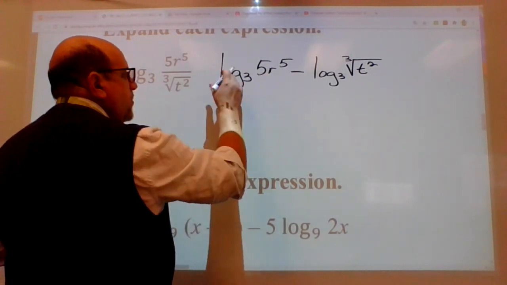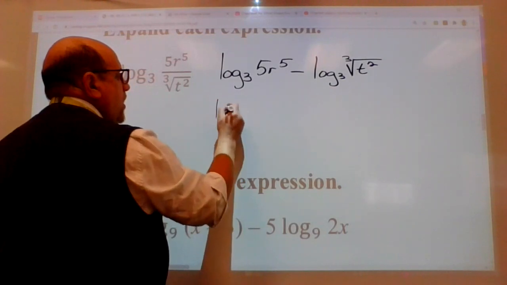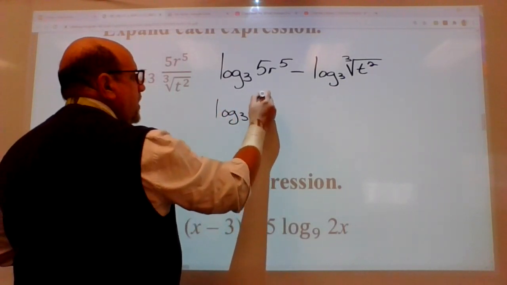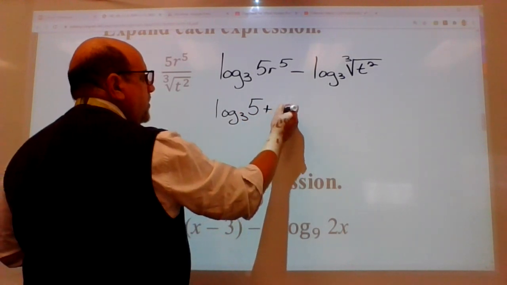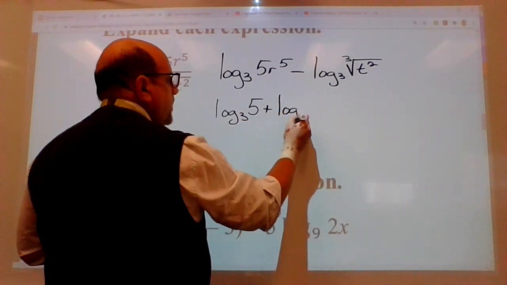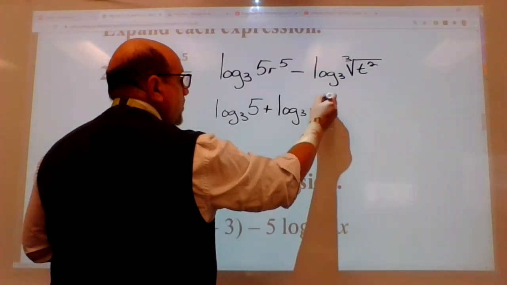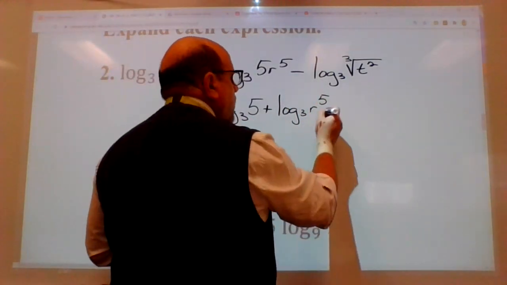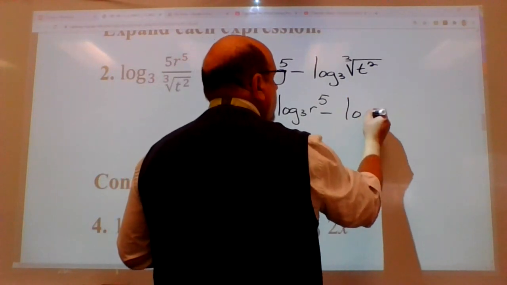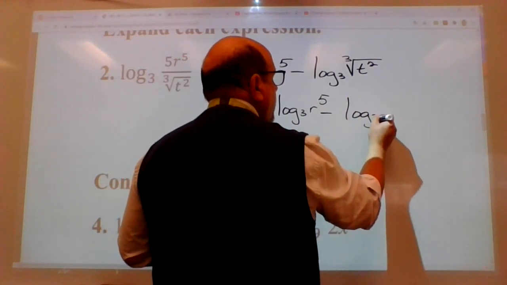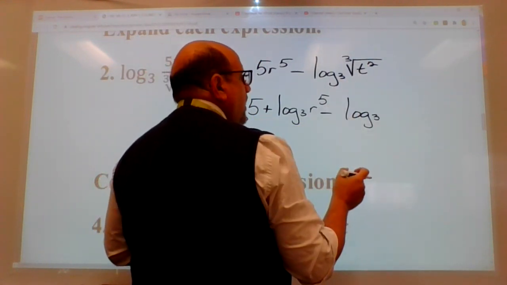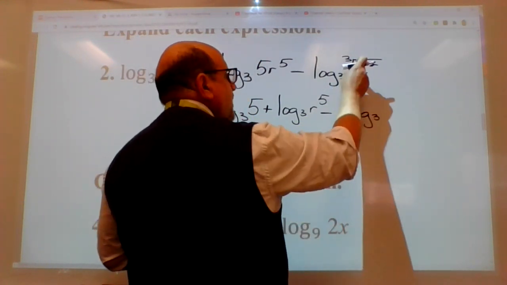So we use some addition here: log base 3 of 5, plus log base 3 of r to the 5th. Now we're going to use the power property later, but we're going to subtract from it log base 3.